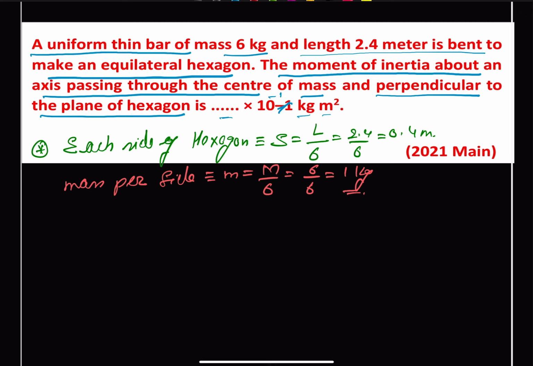So if we assume that our hexagon is lying in xy plane, then the axis will be perpendicular to plane, which is basically our z axis.